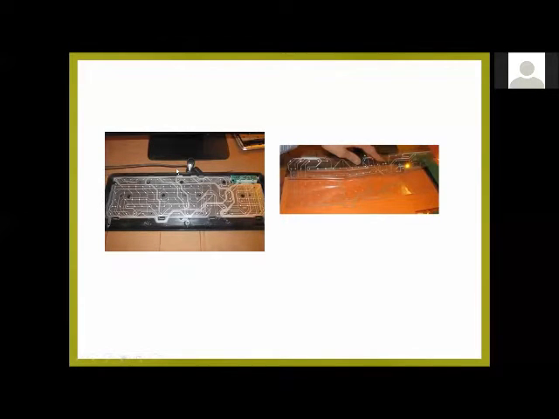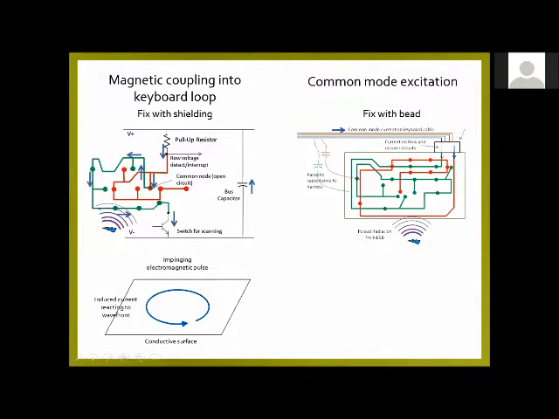Okay, so I'll go back to this. In tracing it back to what the cause was, we took the keyboard apart, and if you look in a keyboard, they're very interesting. They're layers of plastic with traces on them, and if you look at those traces, they form loops, closed loops, so that if there's radiation coming, you can get a voltage induced in these loops, which ends up putting a signal onto the lines of the keyboard.